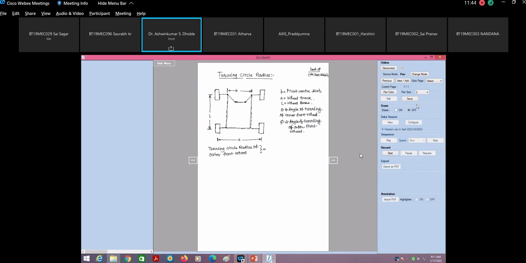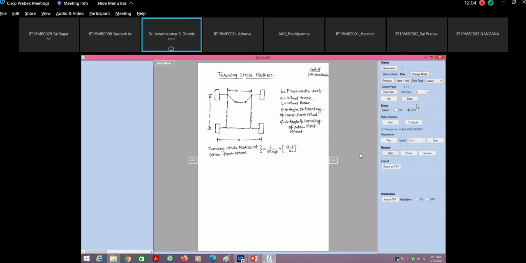This is given as L divided by sine of phi plus in bracket a minus b by 2. So this is the expression for the outer front wheel.